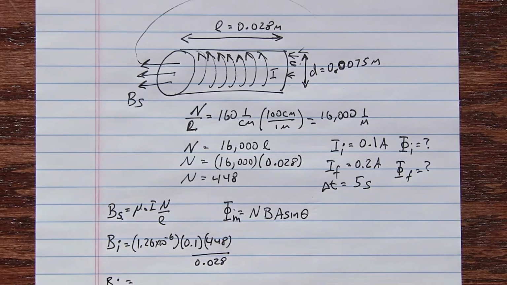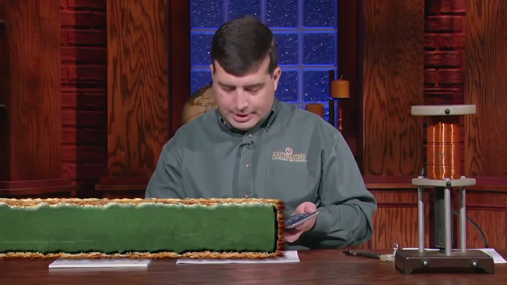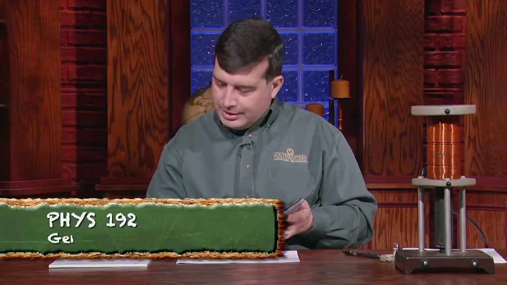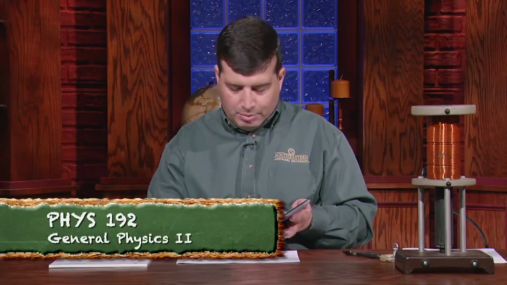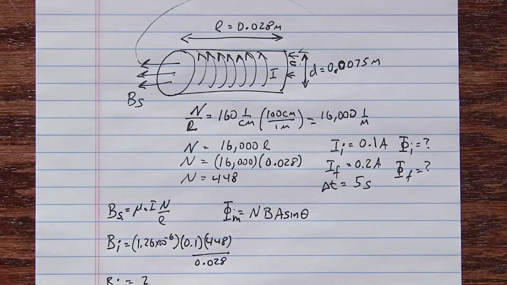So B initial is 1.26 times 10 to the minus 6 times 0.1 times 448 divided by 0.028, and that gives us 2.02 times 10 to the minus 3 Tesla.